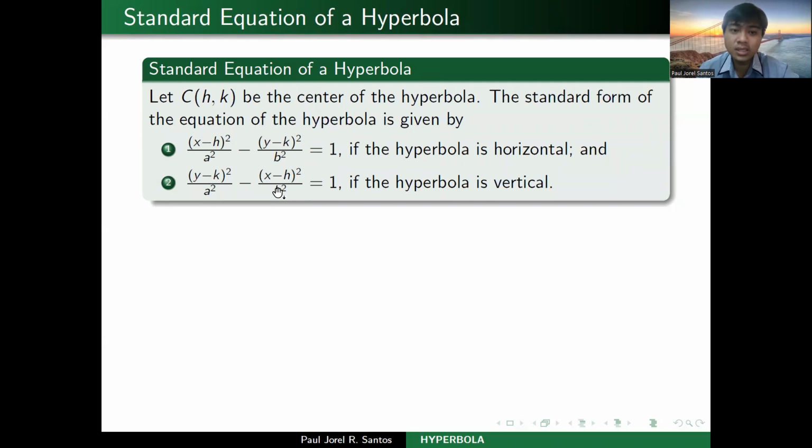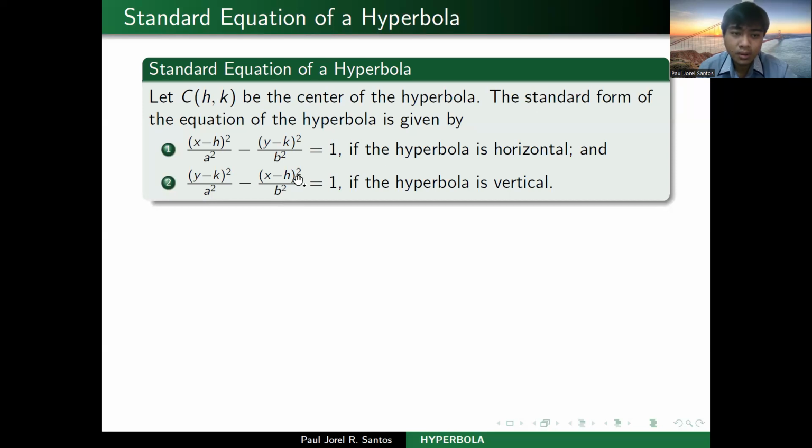As you can see, the x minus h comes first in the first equation, while for the second equation, y minus k comes first. And you have to take note that they have different signs. The positive one should be written on the left, it should come first before the negative one. So whatever the positive one between these two, it should be the first one to be written.